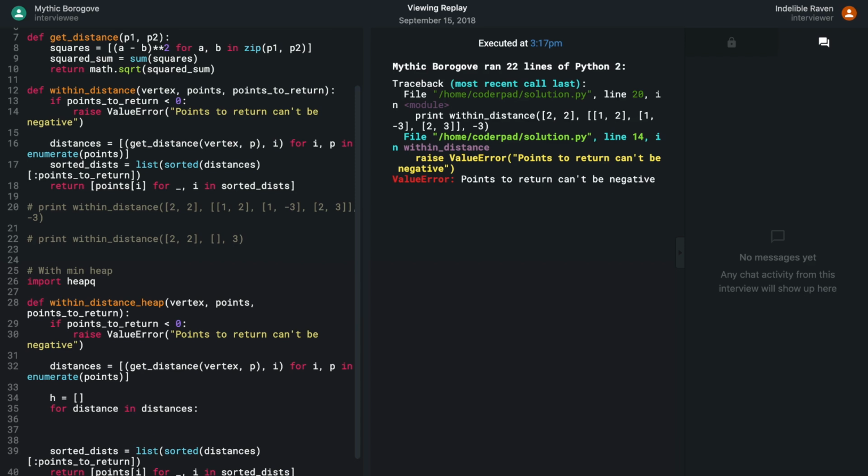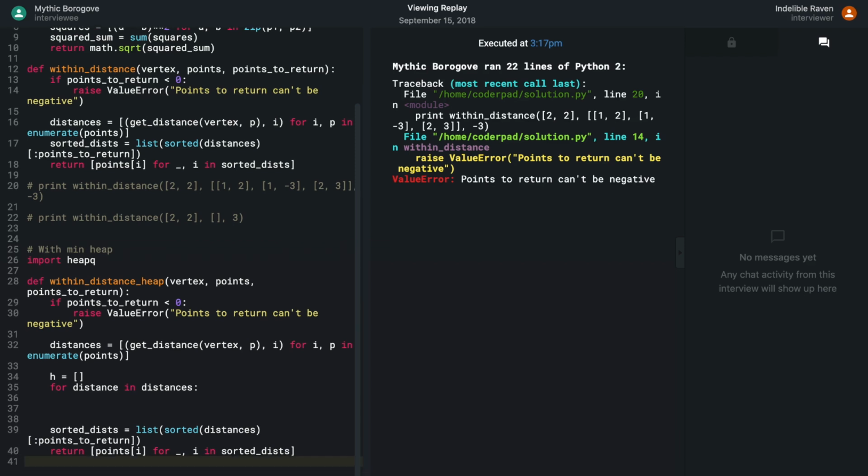Actually, sorry, it was distance comma index, right? Do you really want to generate a whole new list of space? On which line? Line 32. Why not just insert the distance as you go? Oh yeah, that's true. Okay, we can do that.